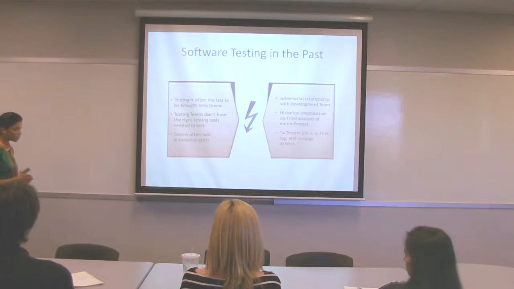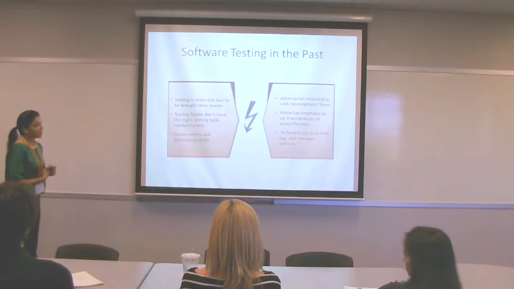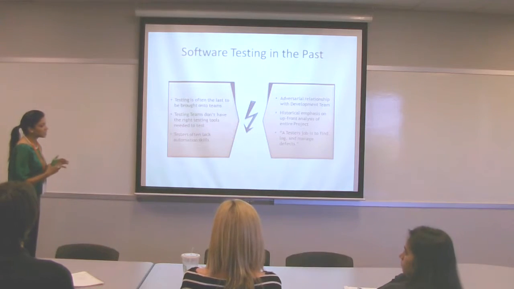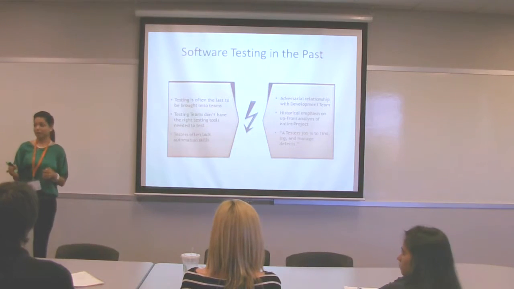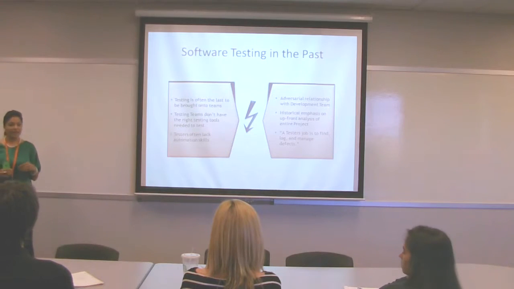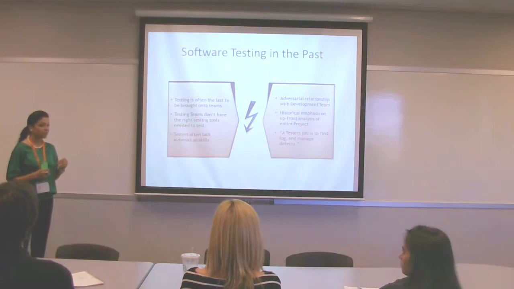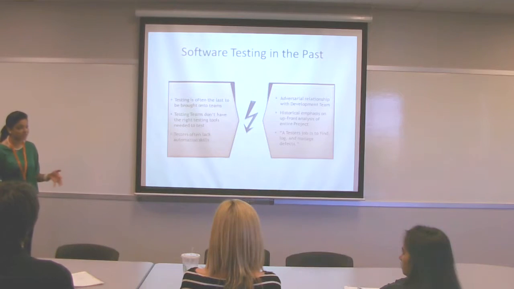Testers often lack automation skills. This is, again, something that I have seen a lot in my projects: they don't get a tester on a team who has automation skill, or at least one tester. If there are 5 testers on a team, none of them will have any automation background.